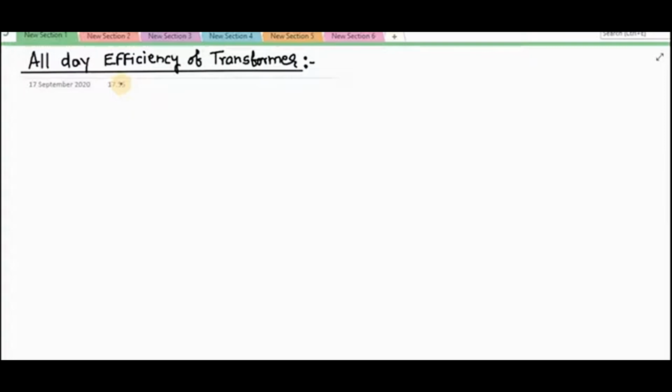Actually, the distribution transformers have their primary winding permanently connected to the power lines to give service to the consumer for 24 hours. It means this transformer is in running condition for 24 hours. Hence, in these types of transformer, the iron loss, which depends on the voltage and is of constant magnitude, occurs throughout the 24 hours of the day irrespective of the load on the transformer.